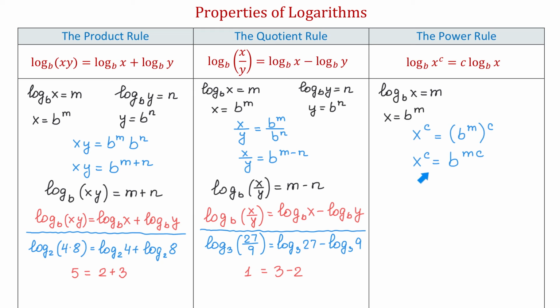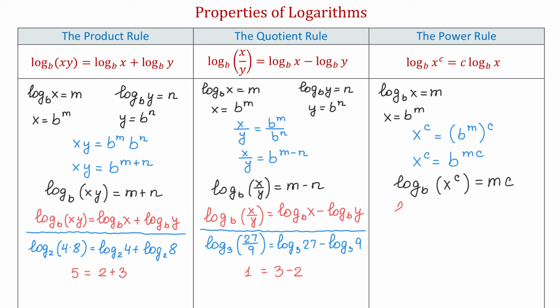And now let in this equation b be the base, mc the exponent, and x to the power of c the result. Then the logarithmic form will be log base b of x to the power of c equals mc. Then let's replace m with log base b of x.